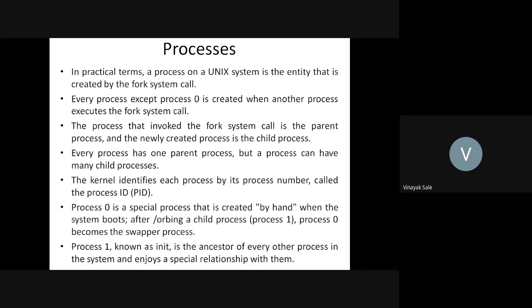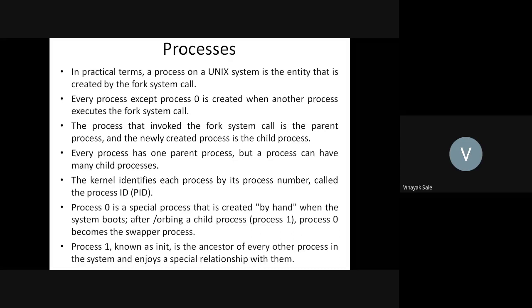The process that invoked the fork system call is known as the parent process, and the newly created process is the child process. Every process has one parent process, but a process can have many child processes.